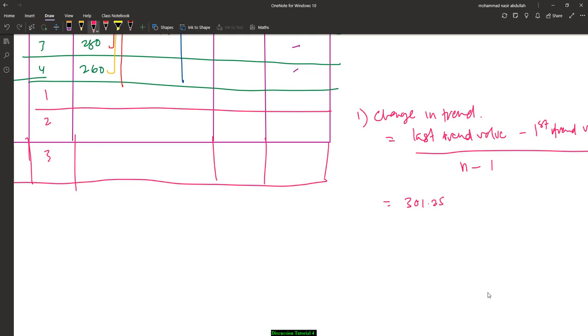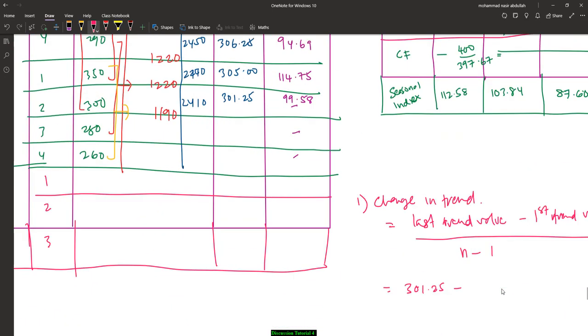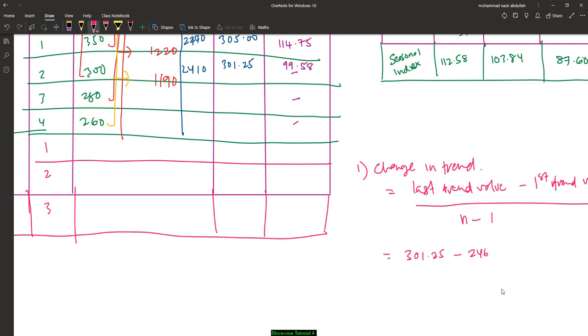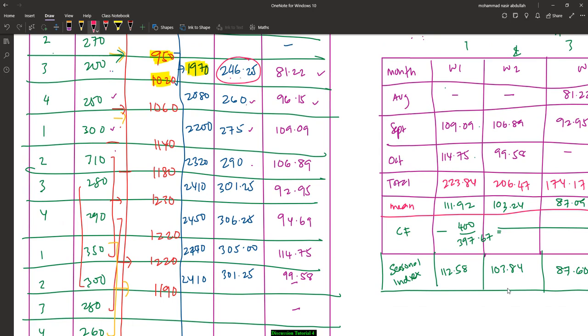301.25, right? Minus the first trend value, which is 246.25. 246.25 divided by the number of trend values. So 1, 2, 3, 4, 5, 6, 7, 8.